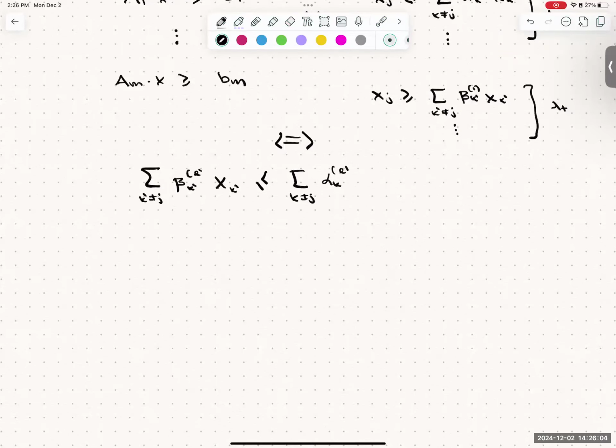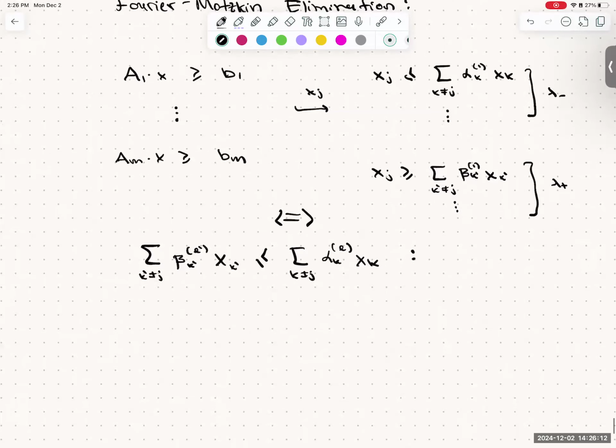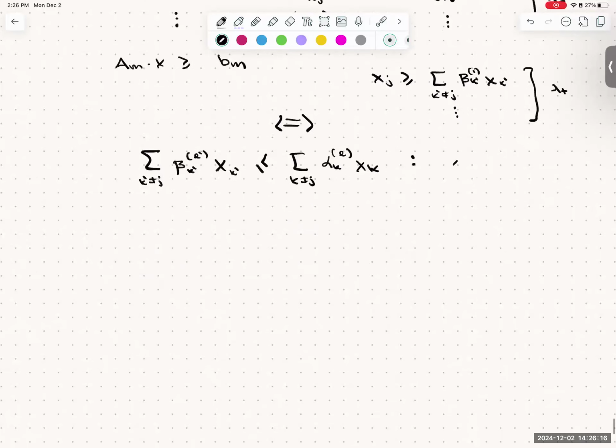Oh, maybe I'll make this prime. Okay, and then how many of these do you have? Well, you have to pair every lambda minus with a lambda plus. So there's lambda plus times lambda minus inequalities.